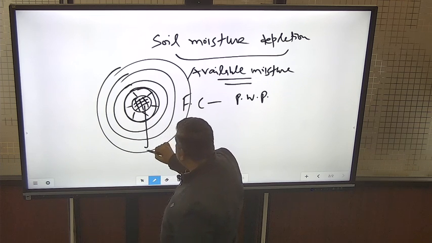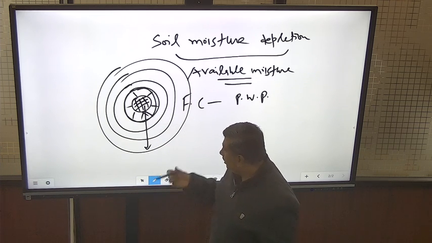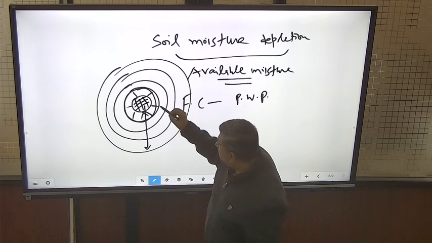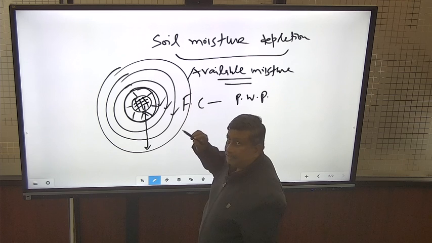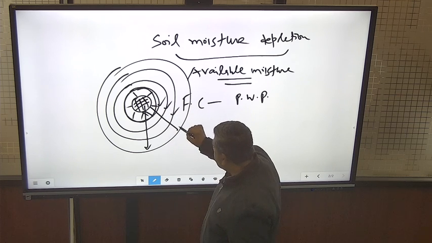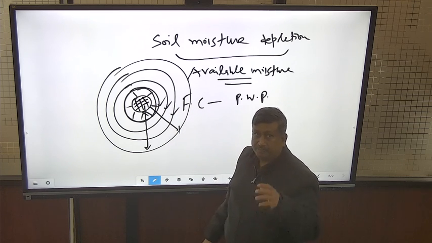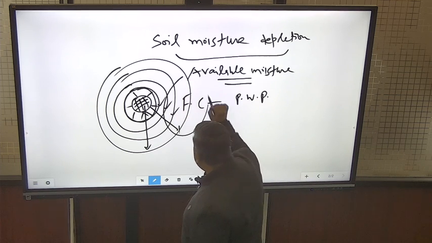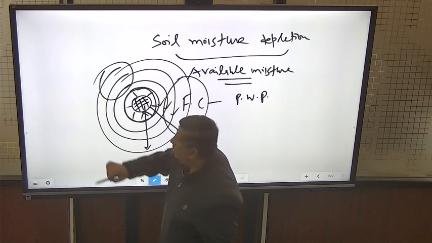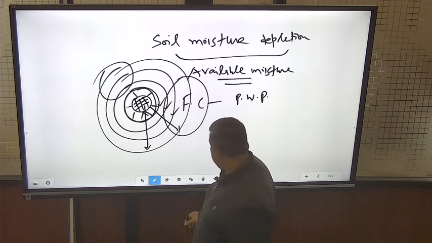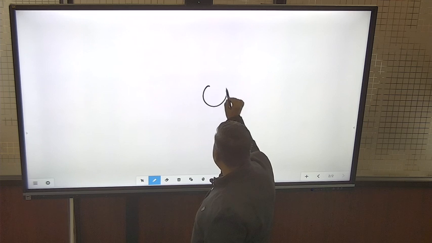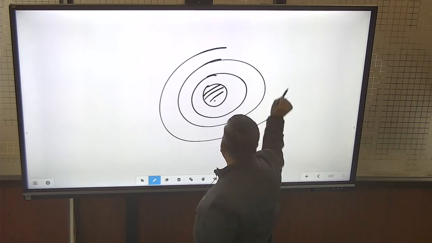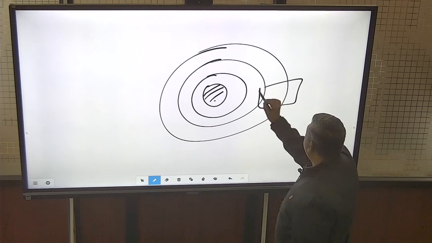As the distance increases, the pressure or the force by which moisture is held by a soil particle becomes less. So, this is tightly held, this is less held, this is very less held. As the distance increases, the force by which moisture is held becomes low, and that is why the water which is away from soil particles is available to the plant.